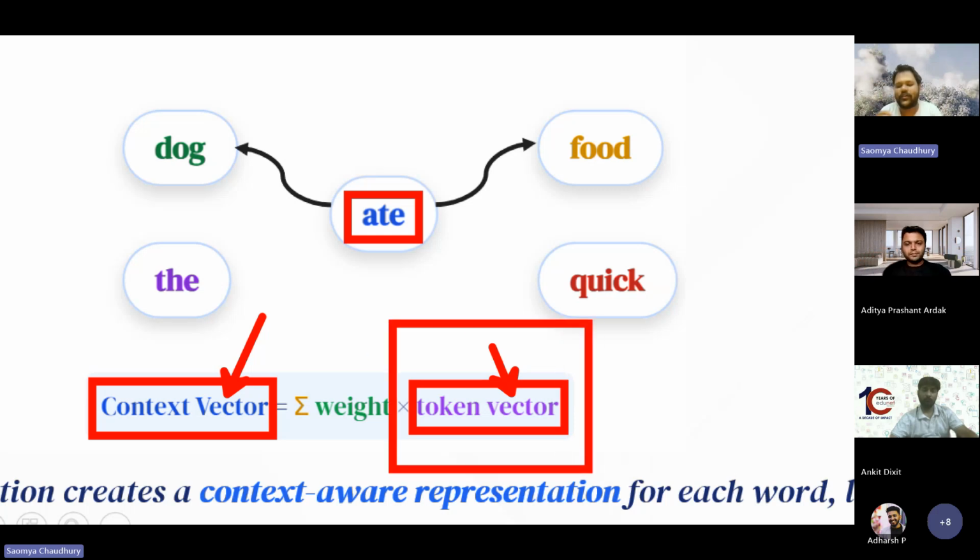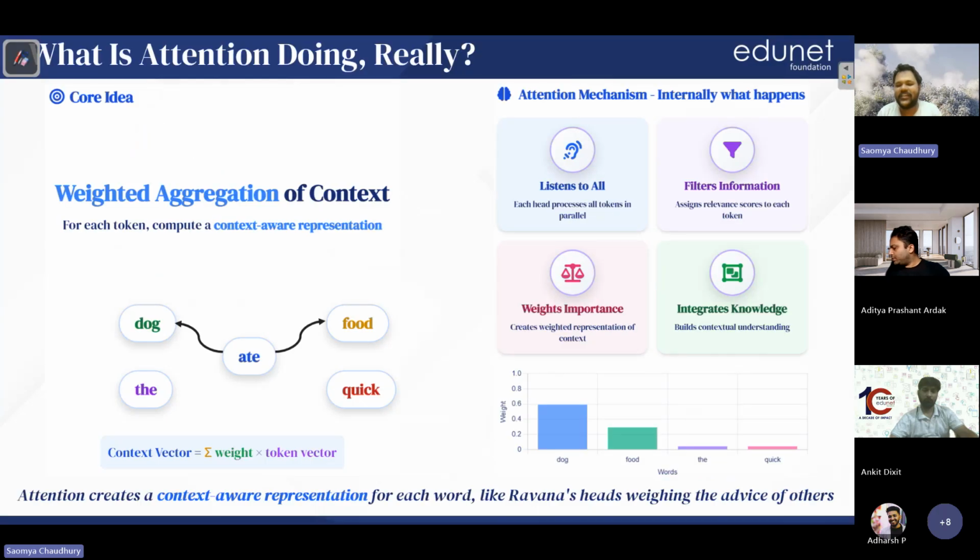However, it is not completely a token vector, because a token vector also has a little bit about the position as well. So position plus this gives you an output as a token vector.